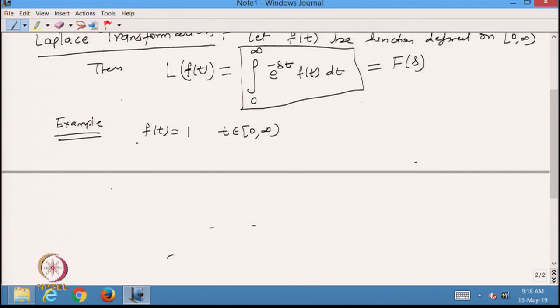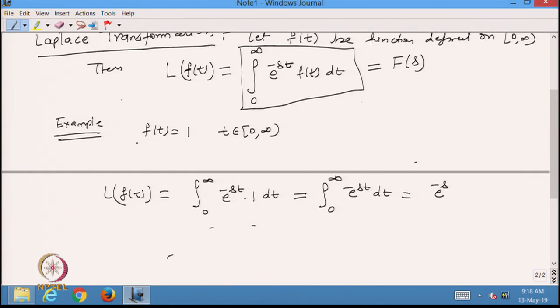Now, I want to take the Laplace of this one. So, the Laplace of f(t) in this case will be the integration from 0 to infinity of e raised to power minus s t into 1 dt. I can solve this integration: the integration of the exponential will be e raised to minus s t divided by minus s, and now putting the limit from 0 to infinity.